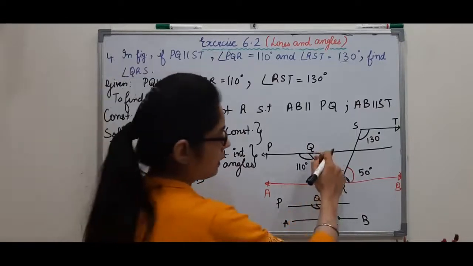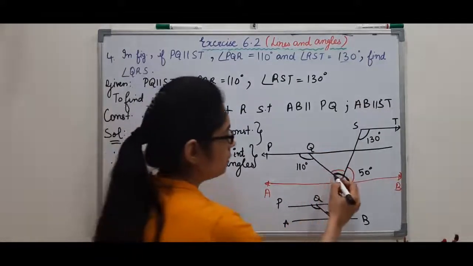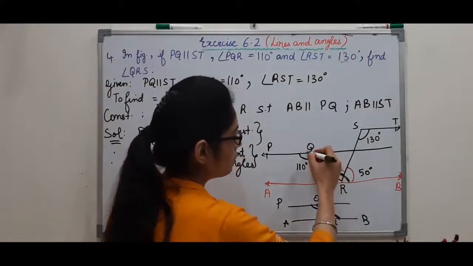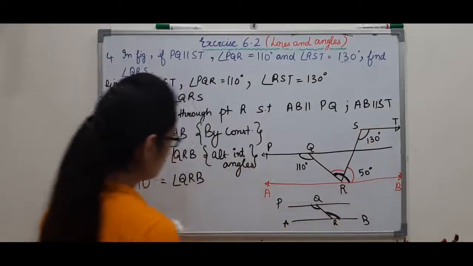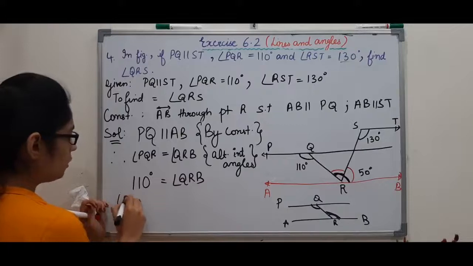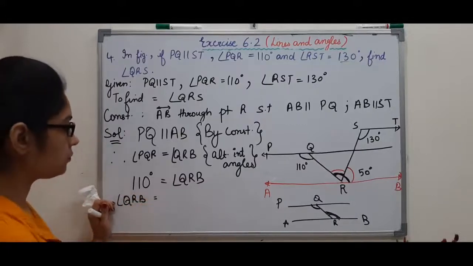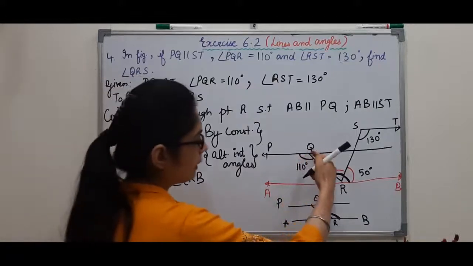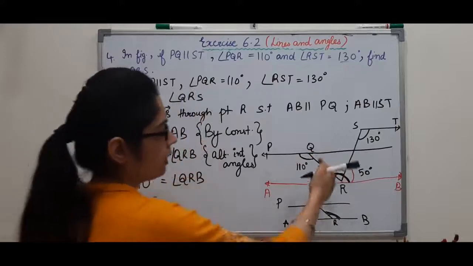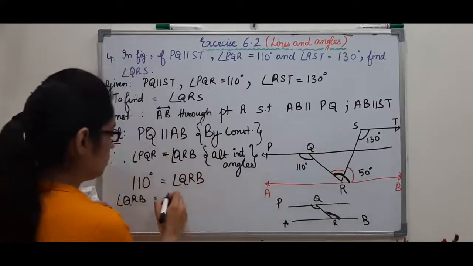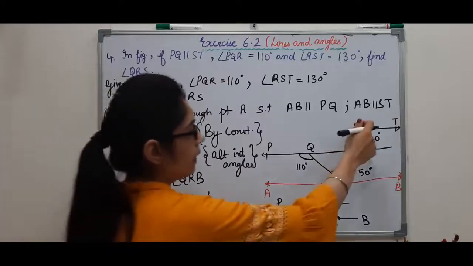But here, if we see angle QRB, it's a sum of two angles. This angle which is QRS plus this angle which is SRB. So let's write it down: angle QRB, see this complete angle QRB, is equal to the sum of angle QRS plus angle SRB.